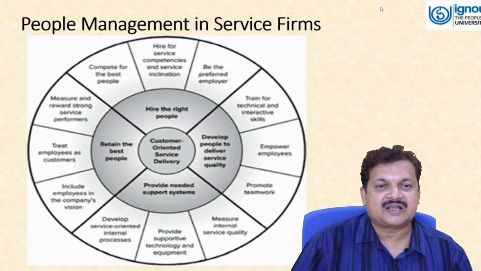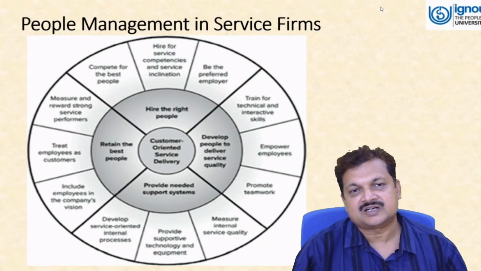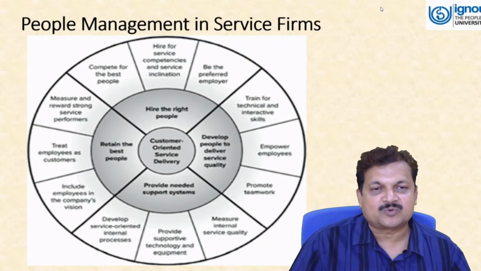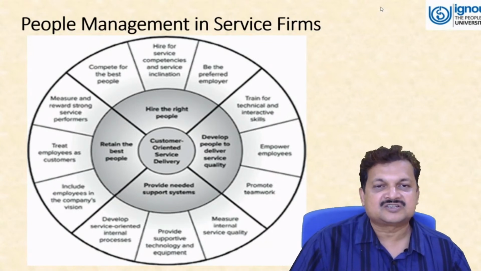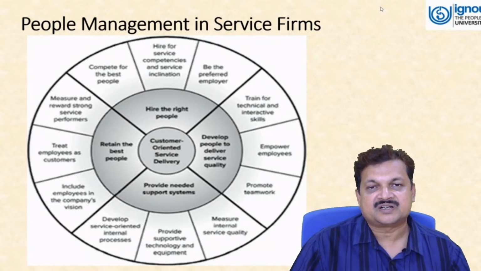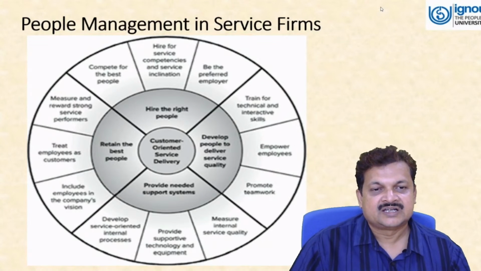I told you in the case of banks, if only the frontline executives are dealing with the customer and there are no supportive hands, the frontline executives are unable to deliver the service required by the customer. So it is very essential that the supportive technology must be equipped and connected with the primary executives.